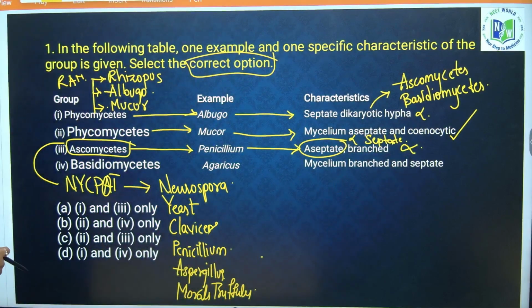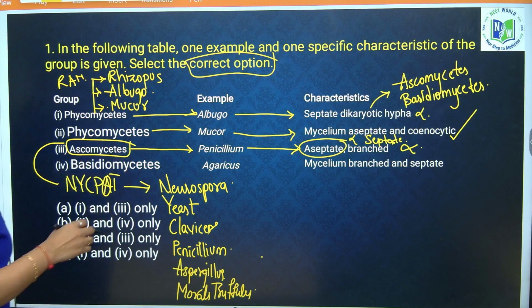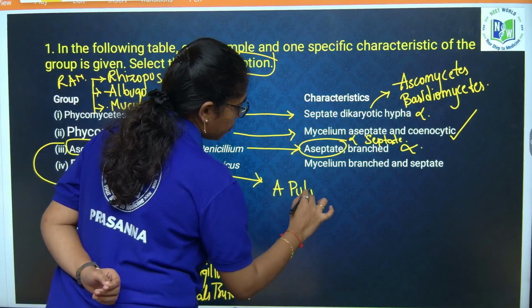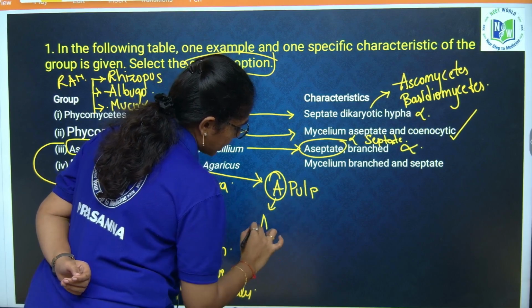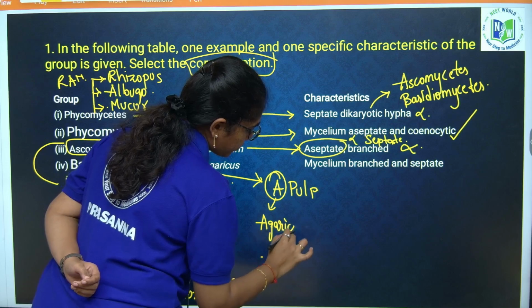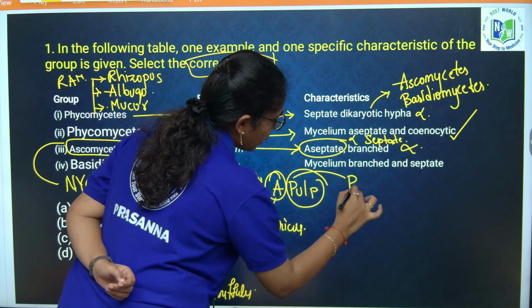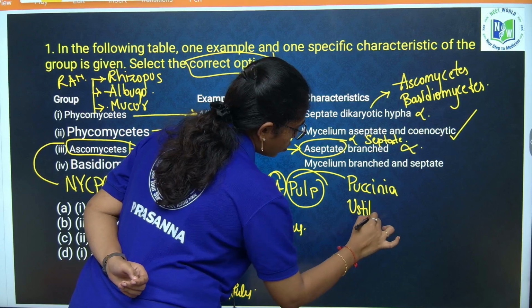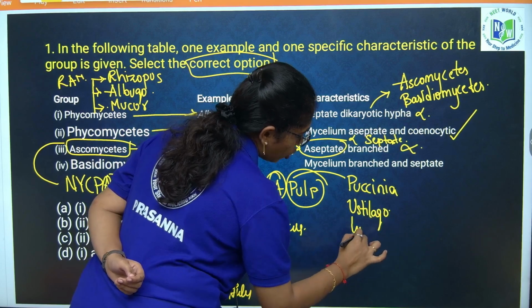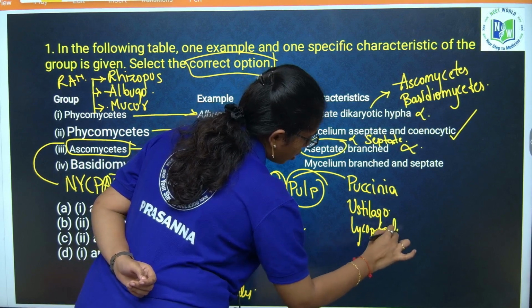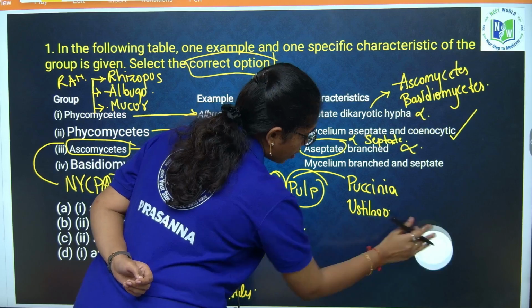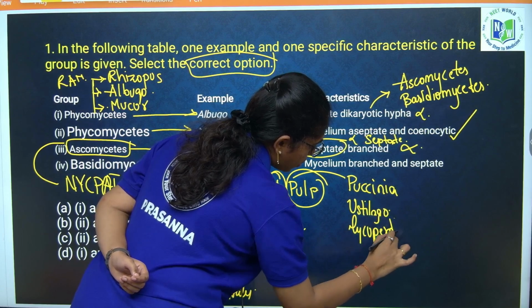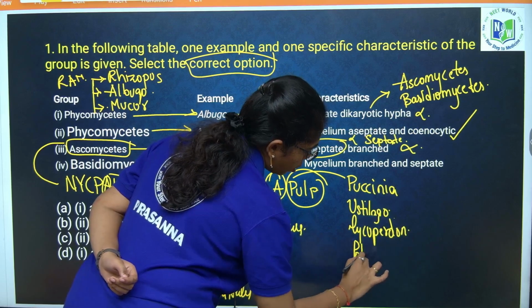Next, the Basidiomycetes example is Agaricus. How can you remember the Basidiomycetes examples? A PULP, wherein A is Agaricus, P is Puccinia, U is Ustilago, L is Lycoperdon, and P is Polyporus.